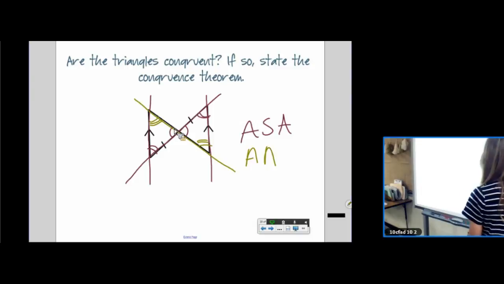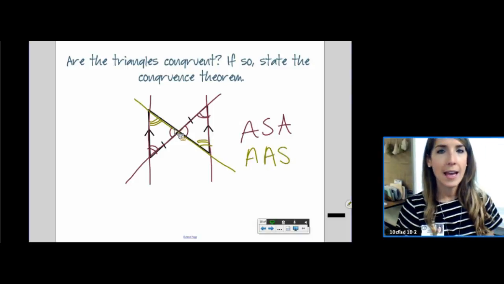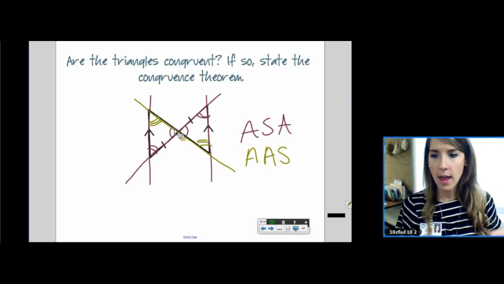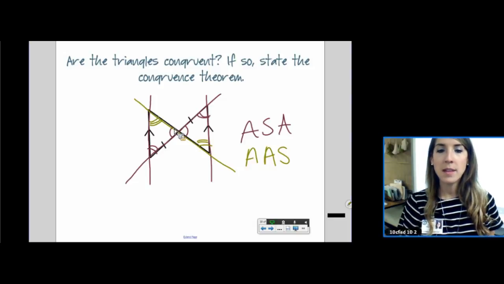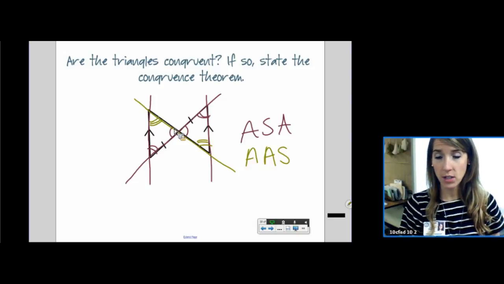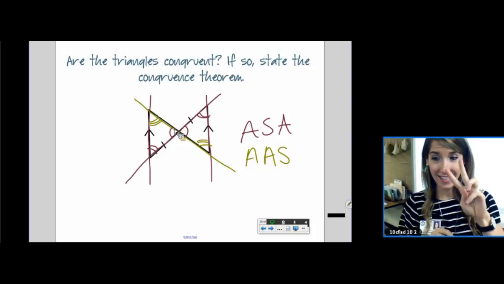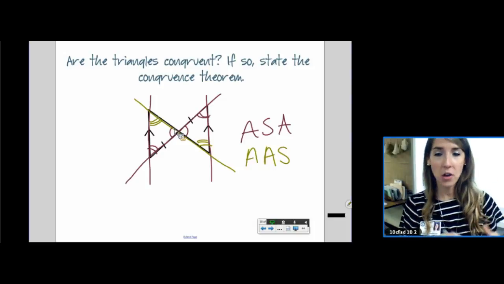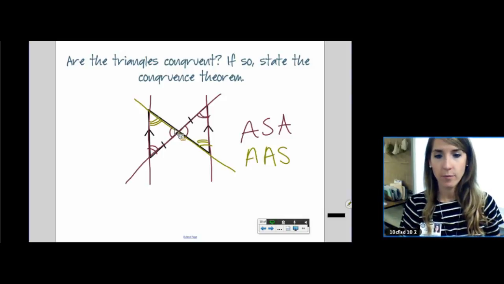Sometimes there are multiple right answers, and I would mark both of them right on a quiz. So these would be the two acceptable right answers. It has to have two A's in it. Angle, side, angle, or angle, angle, side would both be equally right. There's not even one that's better than the other.